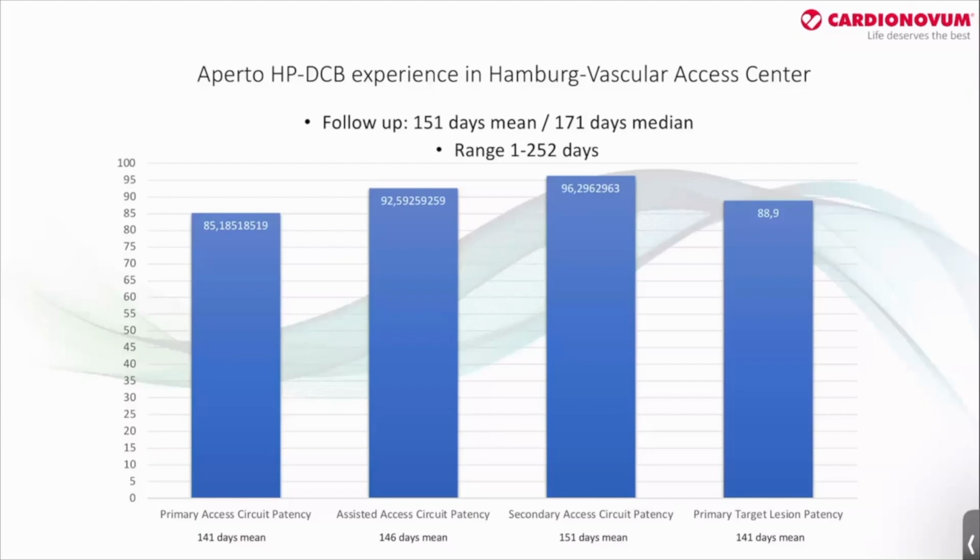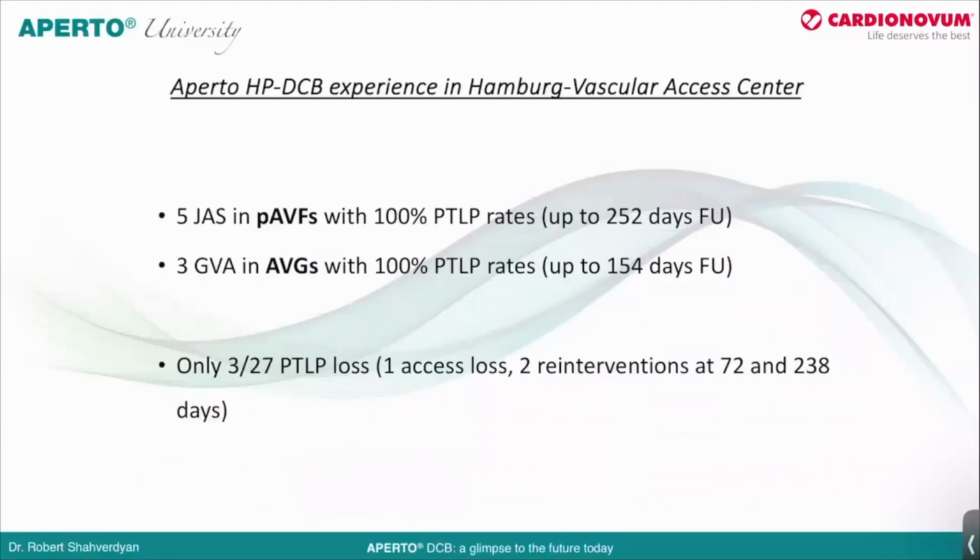And if you look at the last one, this is the freedom from target lesion reintervention. So it is 89% at almost 6 months. So it looks like the number of 89% at an average of 6 months is a good number, comparing it with the literature, with other experiences.